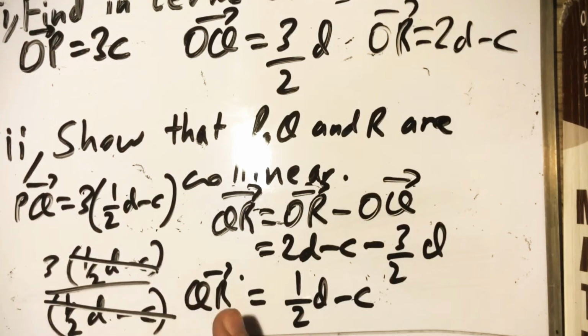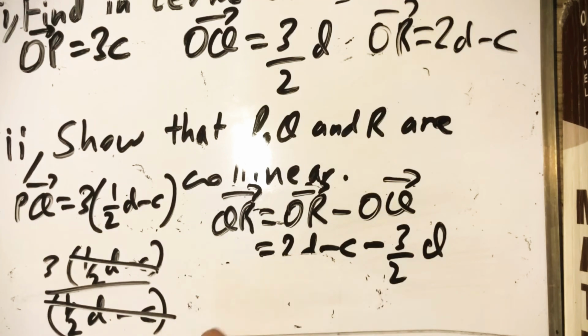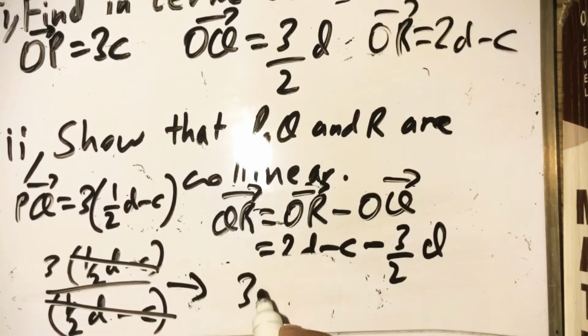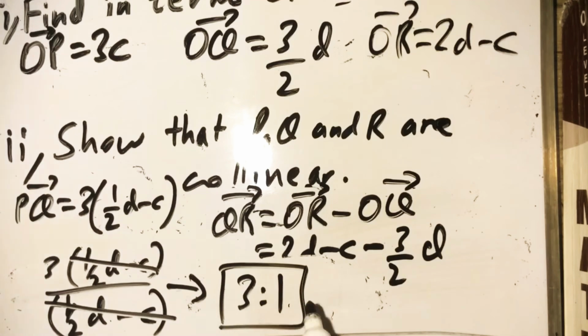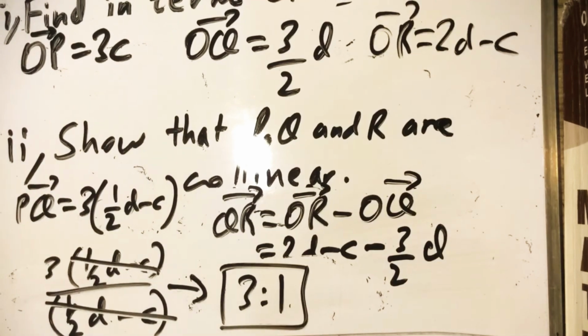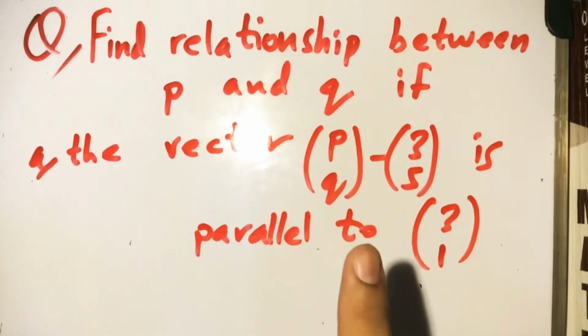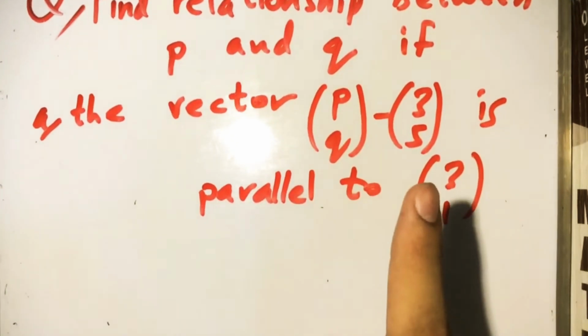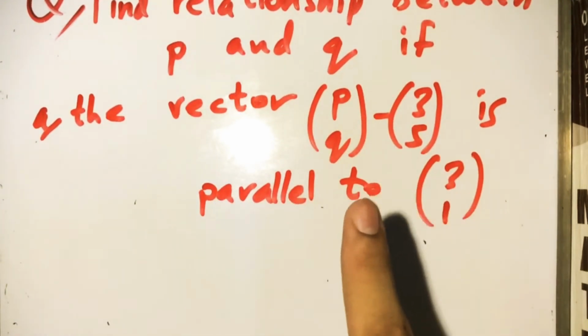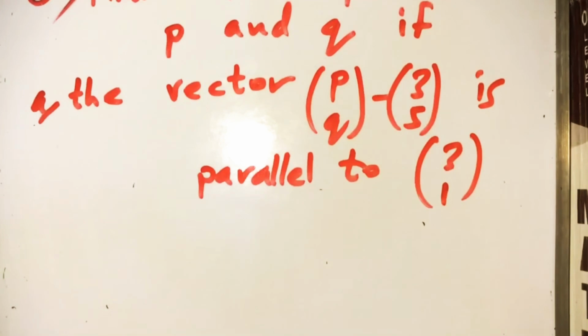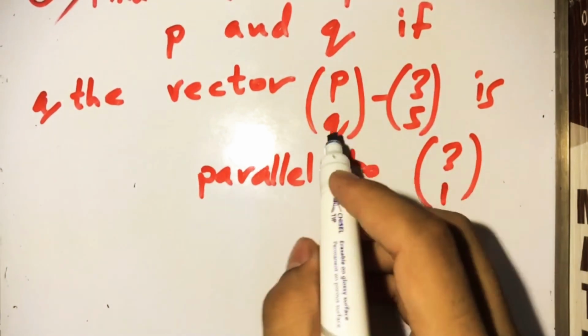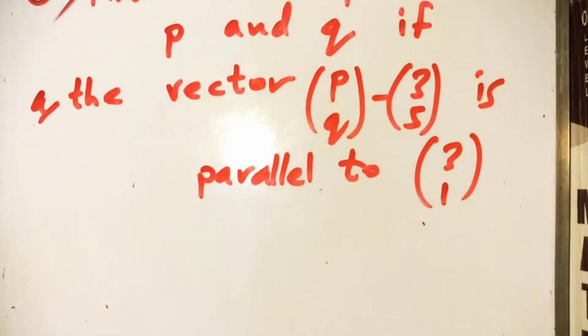The ratio is coming 3:1, PQ is to QR. The next question says find the relationship between P and Q if the vector PQ minus 3, 5 is parallel to 3, 1. First we'll simplify this vector.